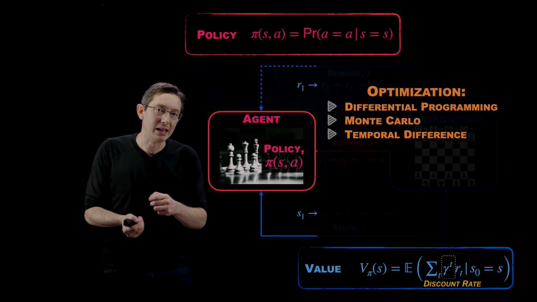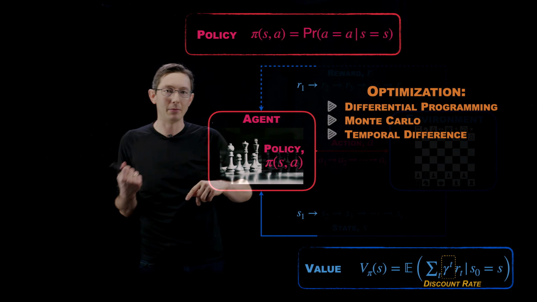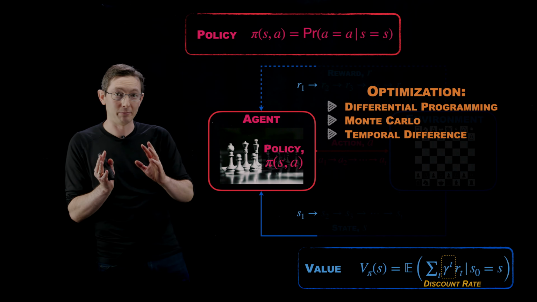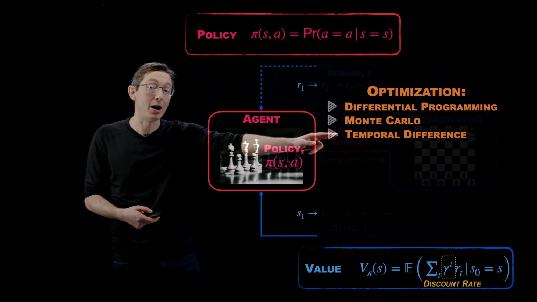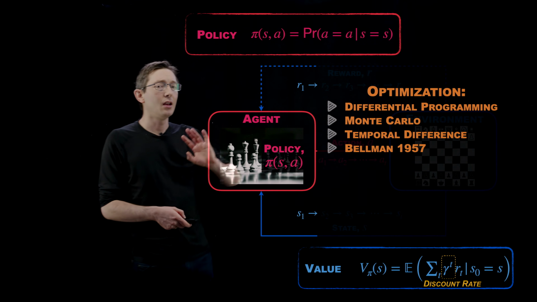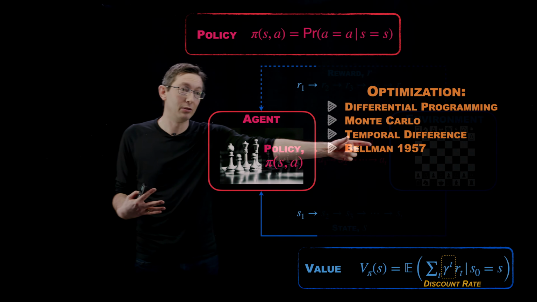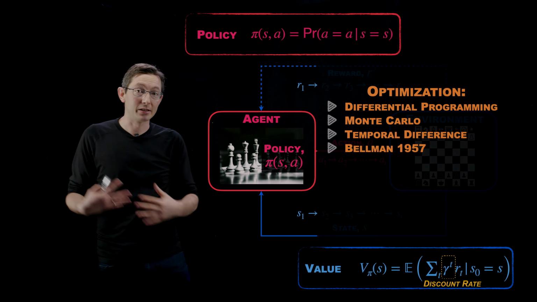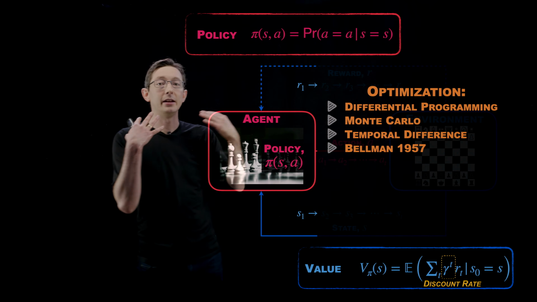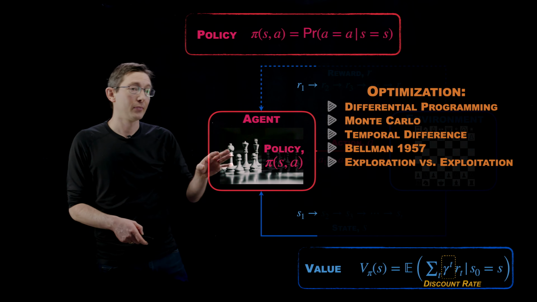Temporal difference is like an optimal balance between differential programming and Monte Carlo, so it finds the sweet spot of both, and it's model free, so it doesn't require any model of the system. It's related to the Bellman optimization. Bellman was one of the pioneers of optimal control theory and also laid a lot of the foundations that are used in reinforcement learning today.